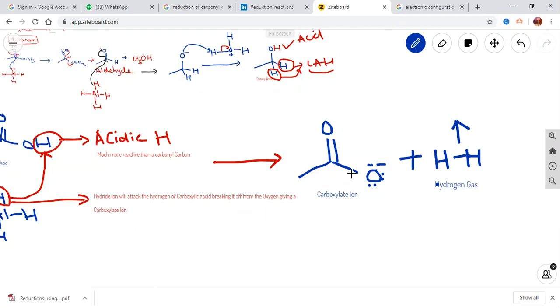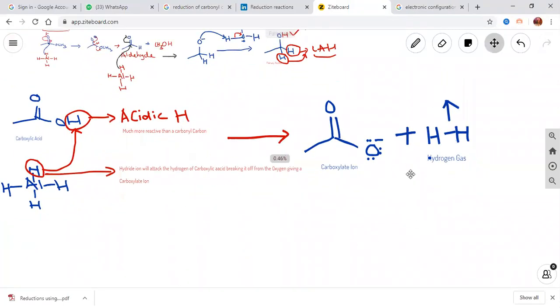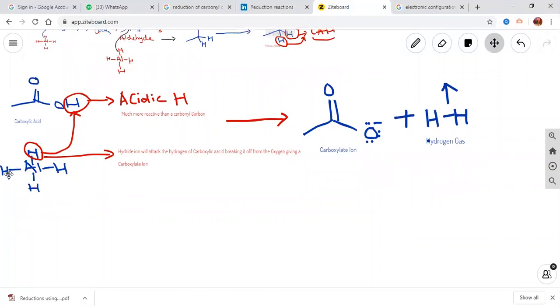Now this carbon can be attacked by the lithium aluminum hydride. Since one hydrogen has been detached from it, it is only this.